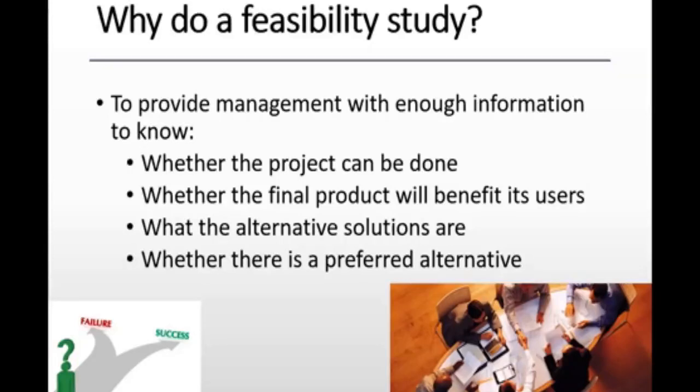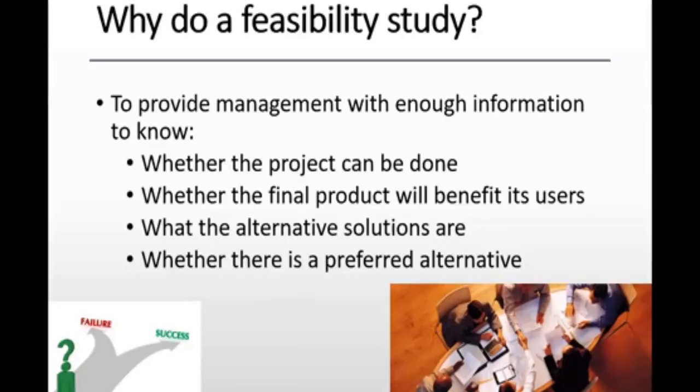Then, what are the alternative solutions, and are there any existing ones? Do we really need to implement a new one, or can we keep the existing one? And is there a preferred alternative or not? If any alternatives exist, we have to check which is the exact alternative that matches the requirement.